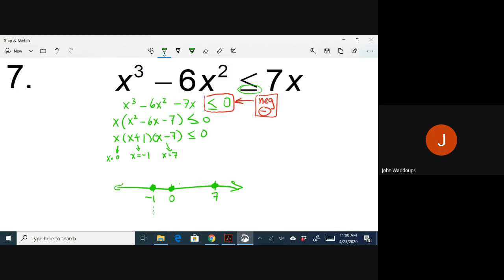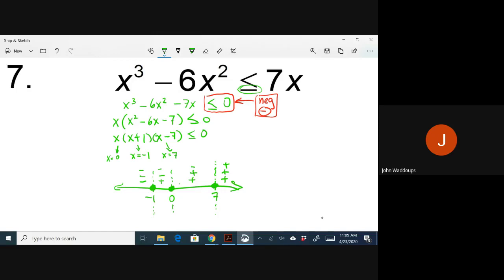And then we make our sign charts. To the left of -1 would be negative, and then positive to the right. At 0 as our center, we'd have negative to its left and positive to its right. At 7 as our center, we'd have negative to its left and positive to its right. So we make an account of this.